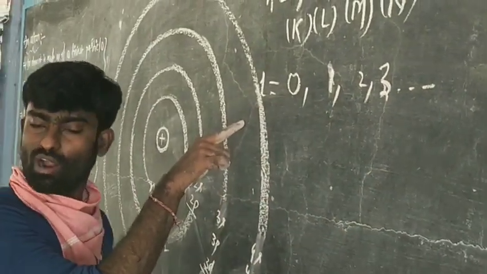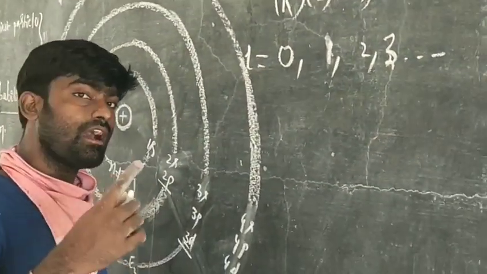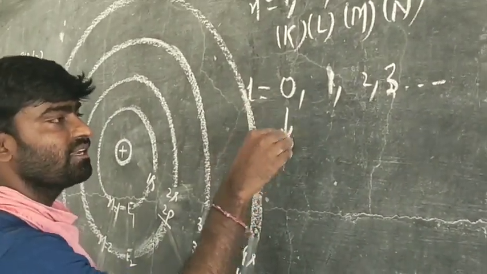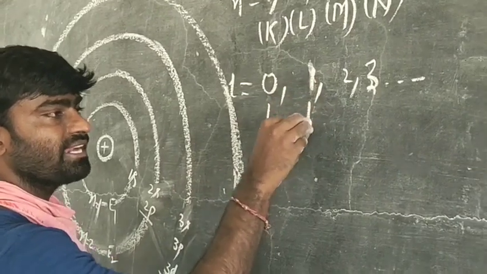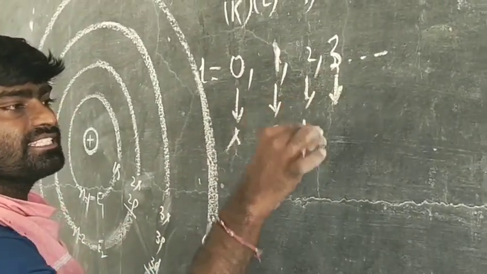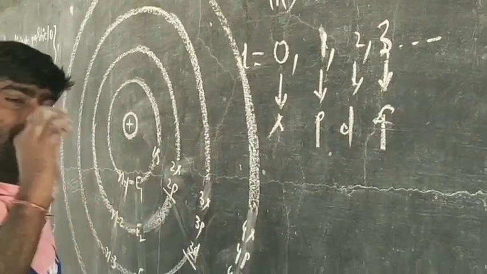So the second quantum number explains about the orbital, the shape of the orbital. So here 0 is nothing but s orbital, 1 is nothing but p orbital, 2 is nothing but d orbital, 3 is nothing but f orbital.